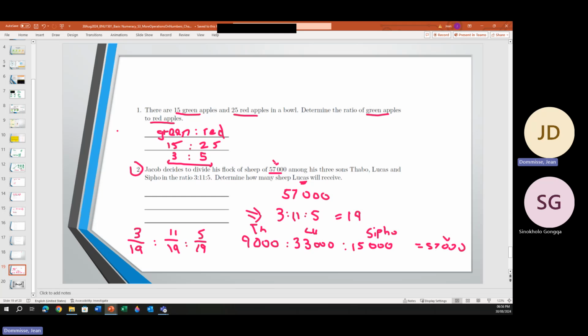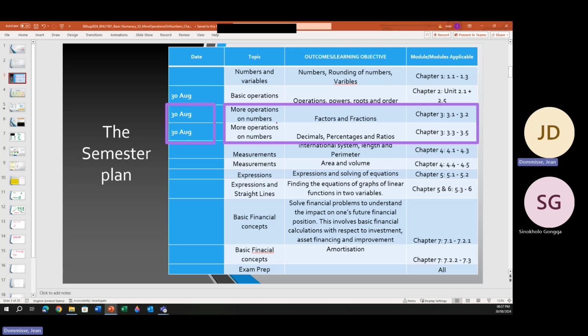Okay, so that was very quick that we went through the two study units tonight. We went through basic operations. We went through chapter 3 as well, looking at factors, fractions, ratios. Next week, I think I'm only going to look at measurements, so that we really go into detail with measurements.